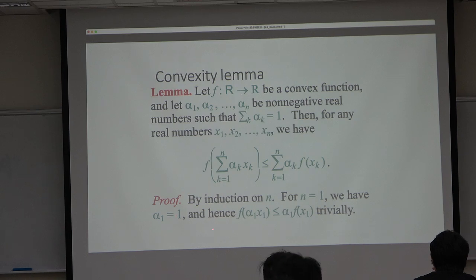If you have only one number, this is smaller or equal to alpha 1 f(x1). This is also trivial. So for one number and for two numbers, because the function is convex, we have this for sure. But beyond that, what do we do?